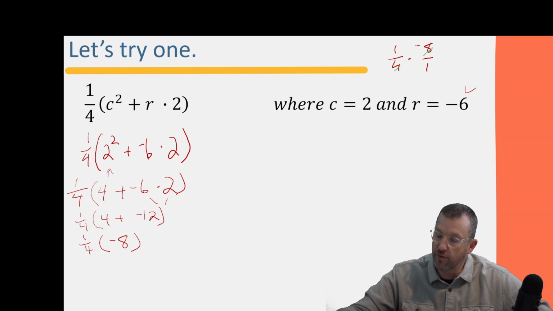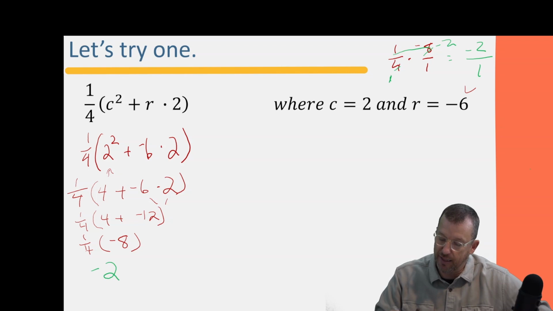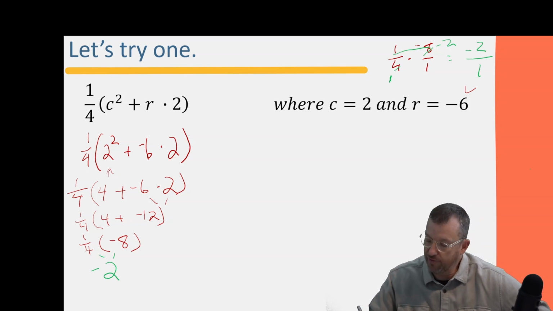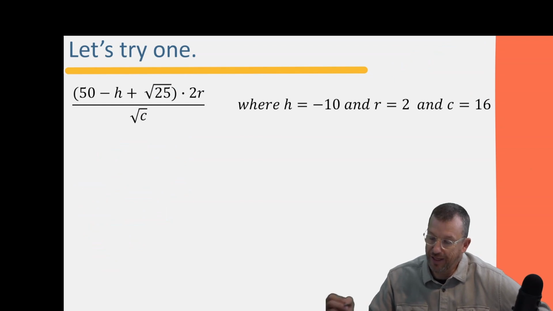So 4 will go into 4 one time, so that becomes 1. And 4 will go into negative 8, negative 2. Okay, so now we multiply across and we get 1 times negative 2 equals negative 2, and 1 times 1 is 1. So that answer is negative 2. And we are done. Substitute in, do order of operations. All right, let's do the last one.